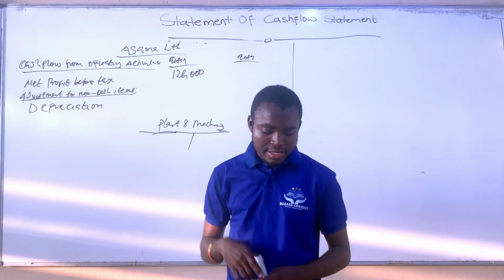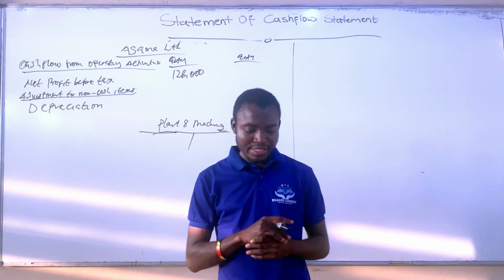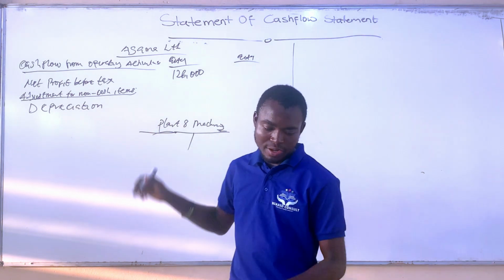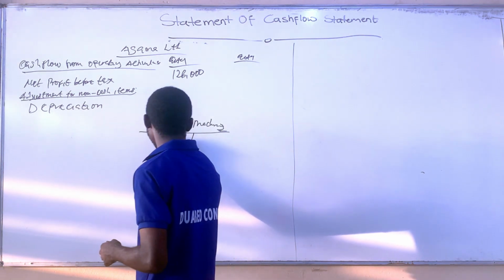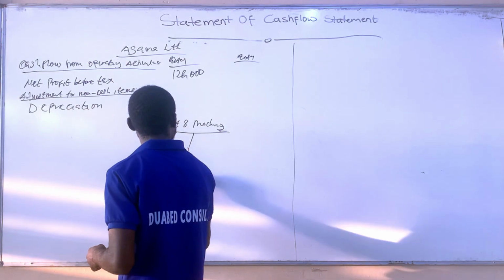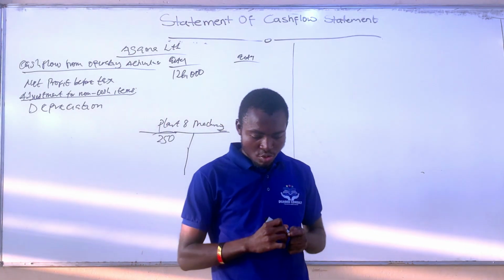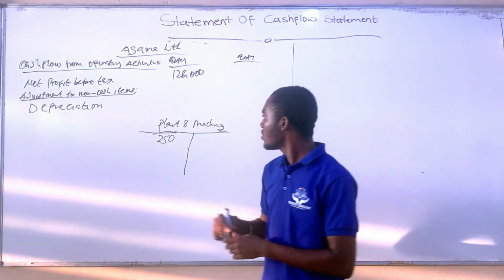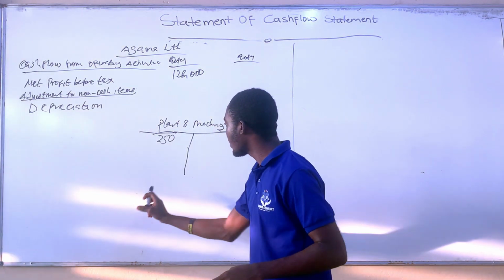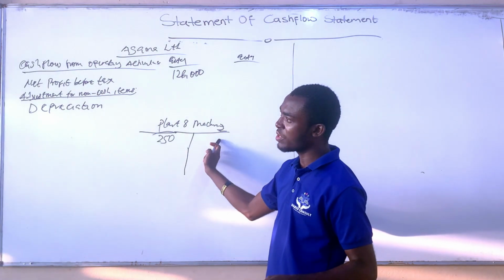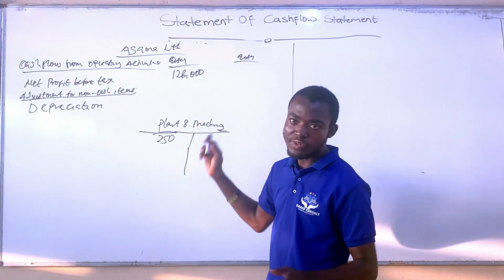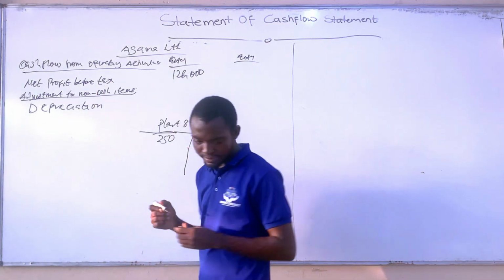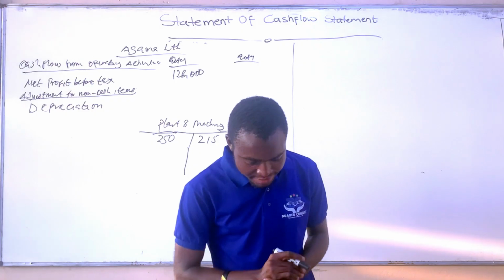So it means the plant and machinery value for 2007 will be the opening balance, which will be recorded at the debit side. And then it is 250. And then the closing balance, which is 215. So the closing balance, brought down will be here, and then the carry down will be here. So we report the carry down straightforward. So the carry down will be 215.